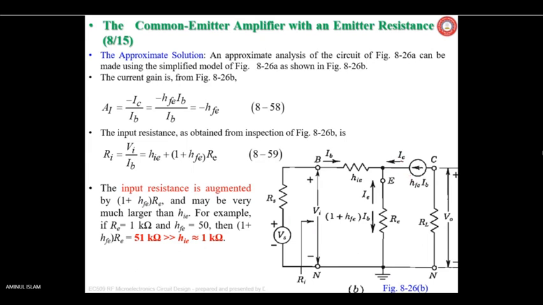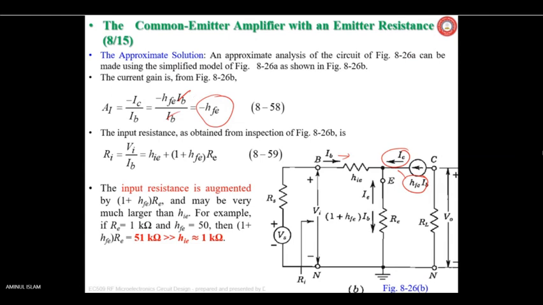So IC is flowing in this direction, so negative sign, and IB is in this direction. So you get IC equals hFE IB. IC is equal to hFE IB divided by IB, so IB gets cancelled. You get minus hFE as the current gain.